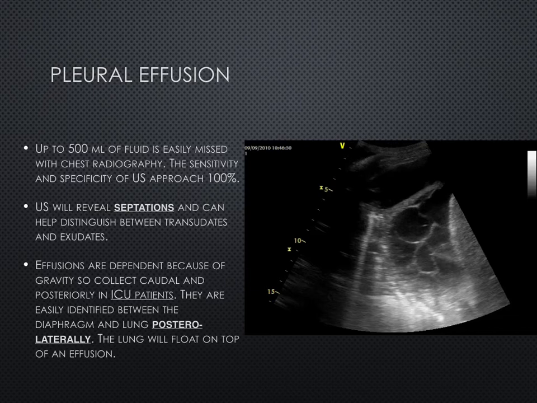In fact, it's very easy to miss up to about 500 mils of fluid within chest x-ray, and looking at the difference between consolidation and pleural effusion with chest x-ray is also inferior to that of lung ultrasound.